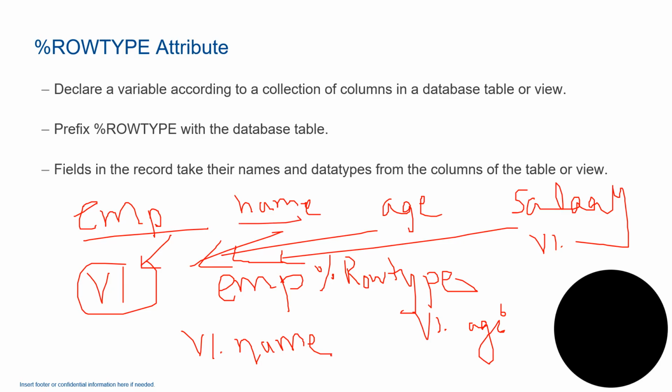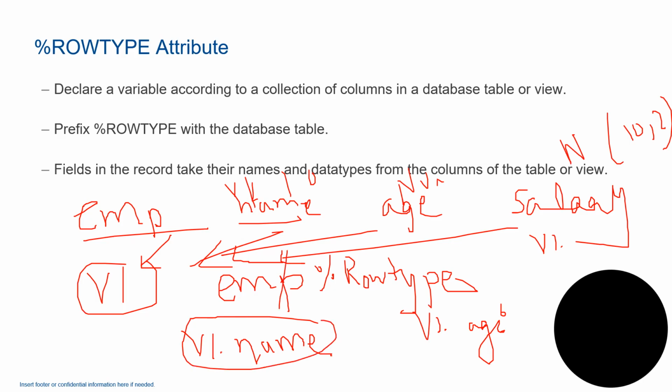If name is VARCHAR2 of 10 characters, age is a number, and salary is a number with 2 decimal places, this will represent the same structure.